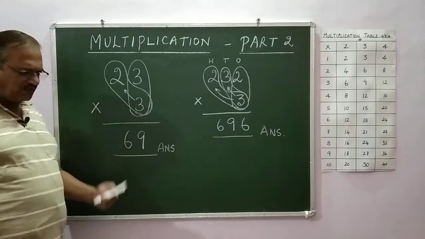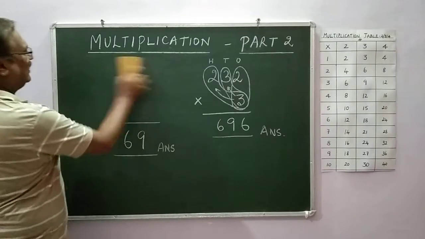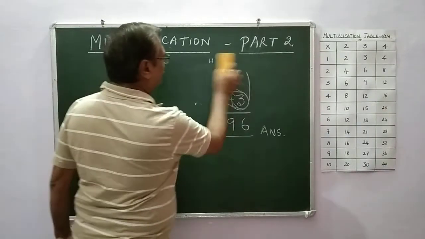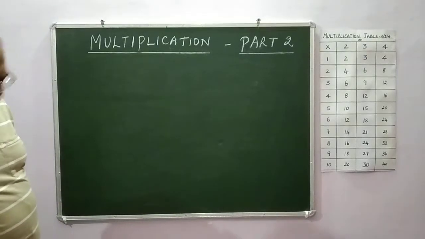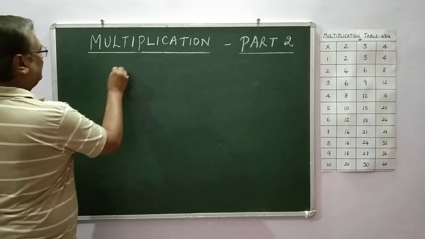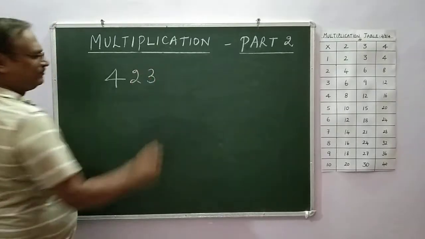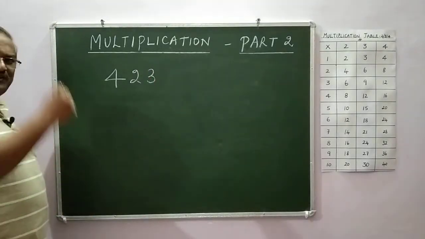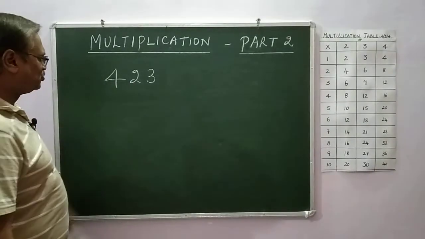I'm going to do one more problem. Let me see how we can solve this problem. I'm going to take the number 423. Right? How many digits are there? 1, 2, 3 digits are there.